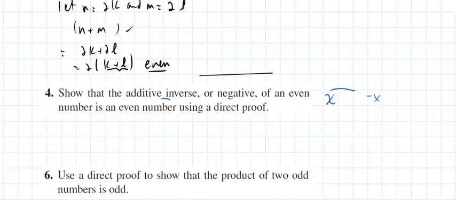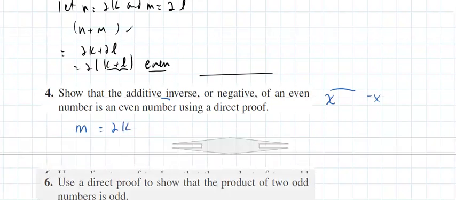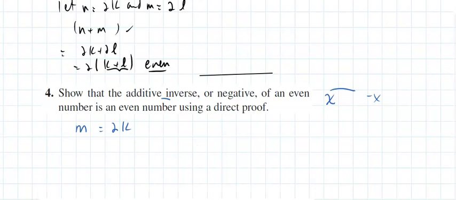Well, let's say m is an even number, m equals 2k. The additive inverse of that, this is the sum, is negative 2k, which is negative m.